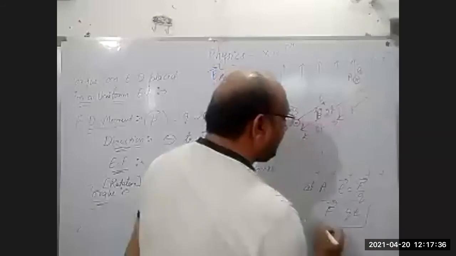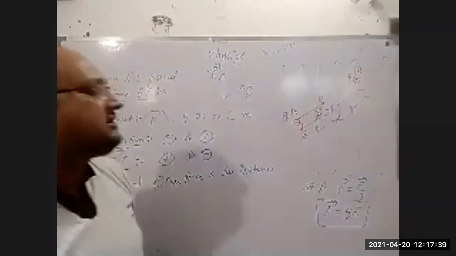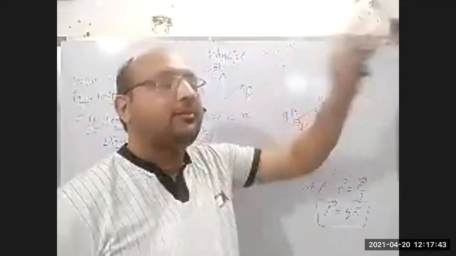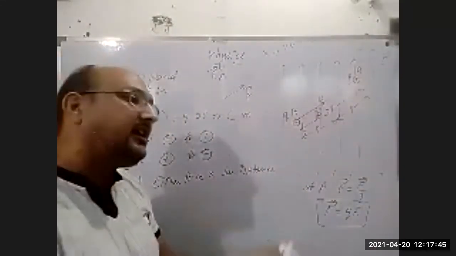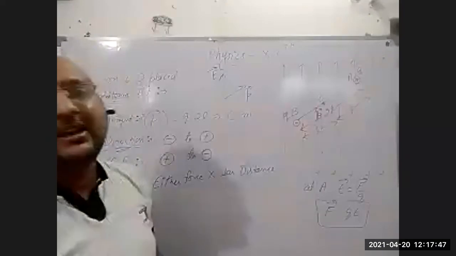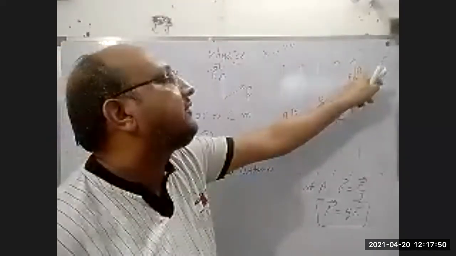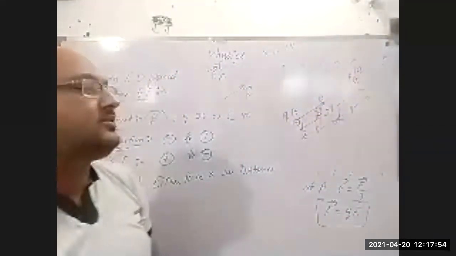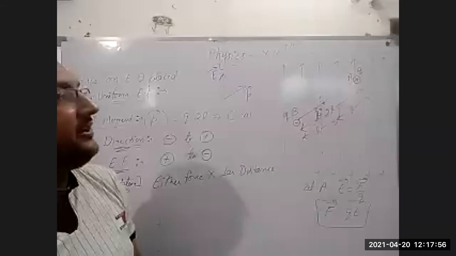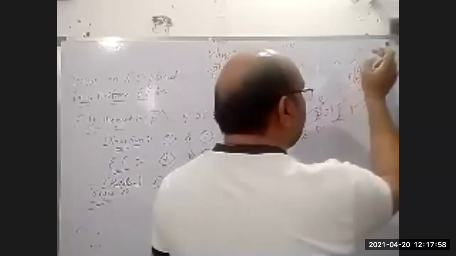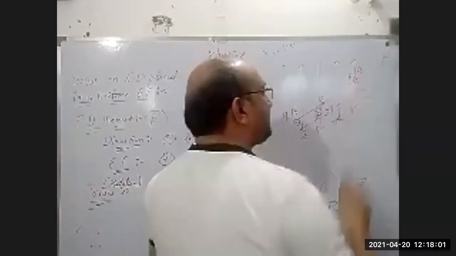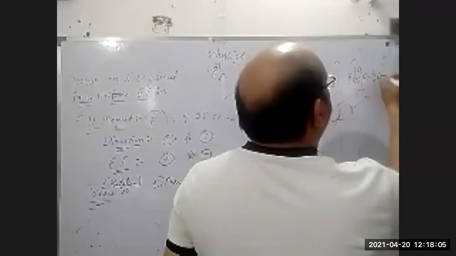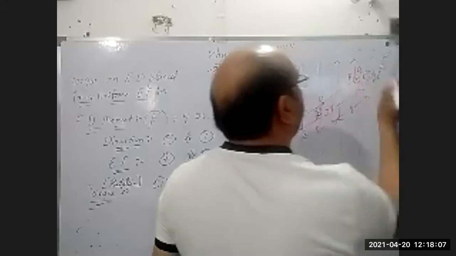The meaning of this formula is that if you have a charge in an electric field, then you can calculate the force on this charge by taking the product of these two quantities, charge and electric field. So if you want to calculate the force at point A on this charge Q, then you have to write force is equal to QE.